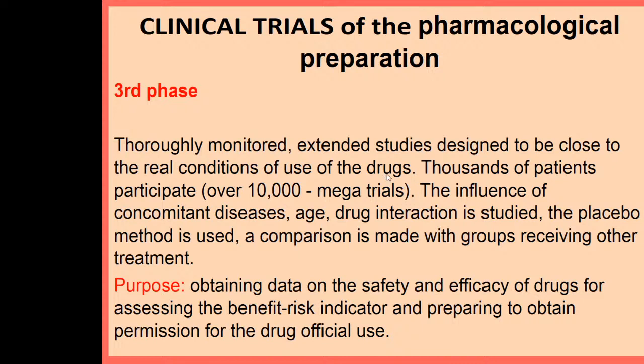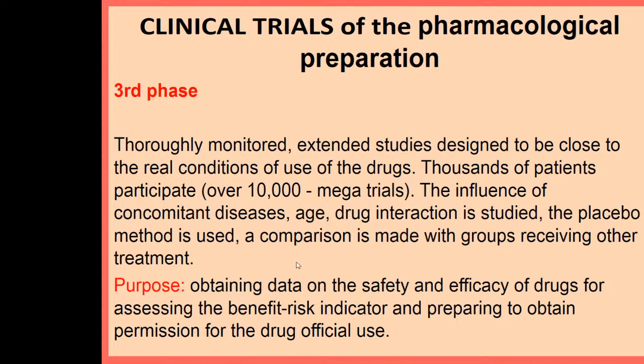If over 10,000, we call mega clinical trials, mega. And the influence of concomitant diseases, age, drug interaction is studied, the placebo method is studied, of course, comparison is made with groups receiving other traditional treatment.